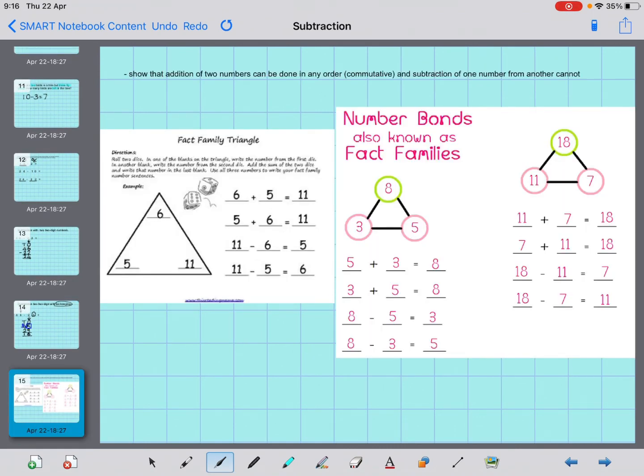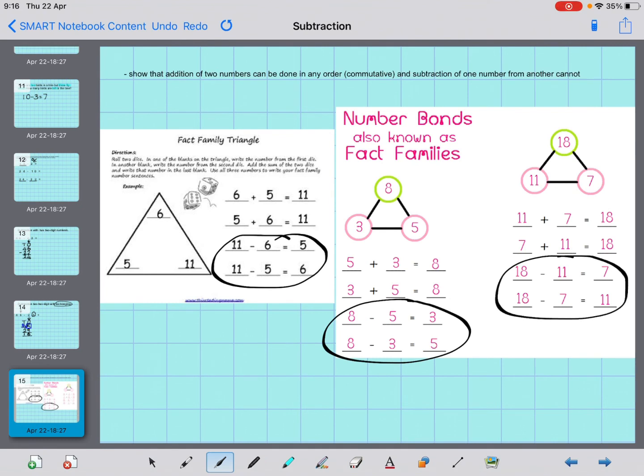Again, with our subtraction and with our addition, we're always looking at fact families. So we're always looking to show the opposites with our numbers and how they relate to one another, because that really helps us to remember and to recall number facts.